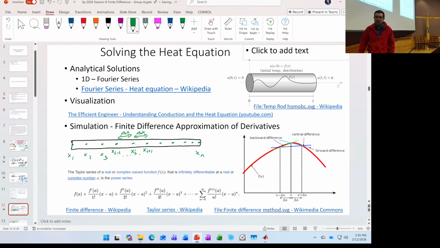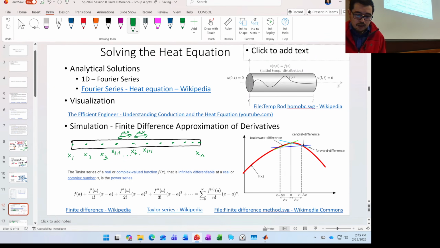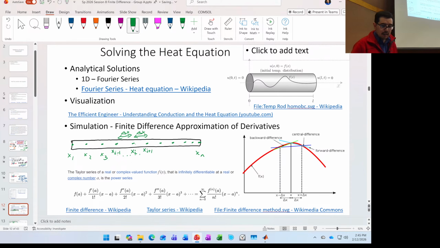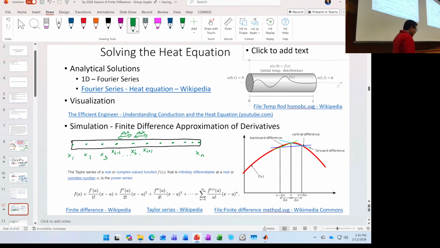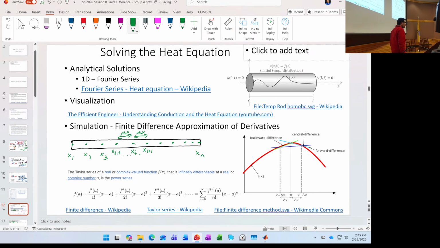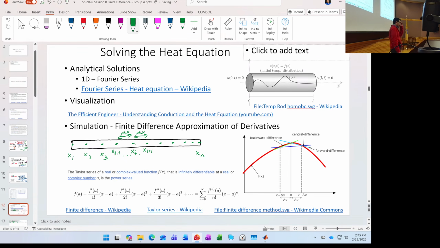Now, if we think about what a derivative is, we can say, well, it's some change over some change. We're talking about delta T over delta x, right?